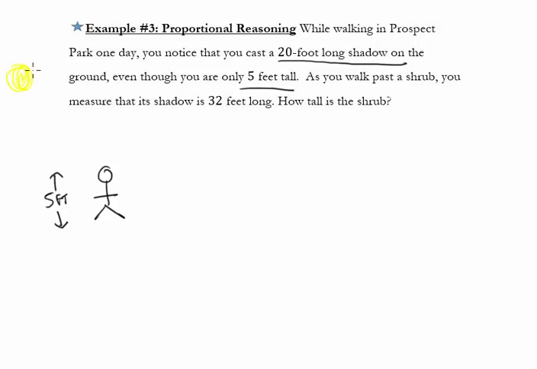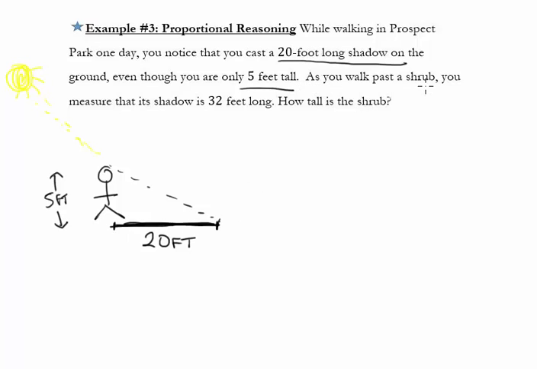There's the sun. And the sun rays go down, and the shadow we're talking about is this distance right here on the ground. The shadow in this case is 20 feet long. So there we are. Here's our picture.